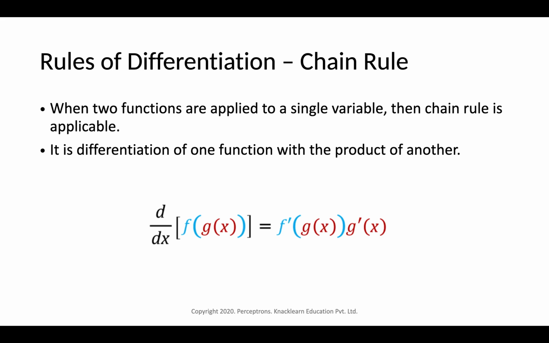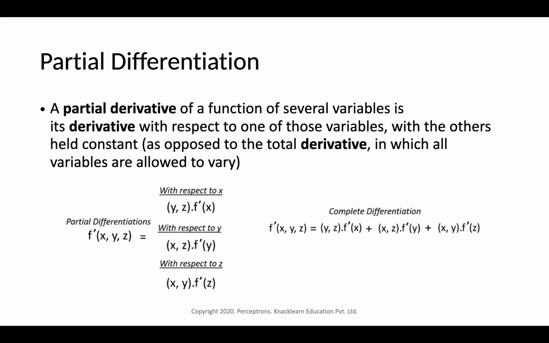To find the differentiation for a function within another function, we use this formula: finding the differentiation for f of g of x, then finding the differentiation for g of x. So this is called the chain rule.